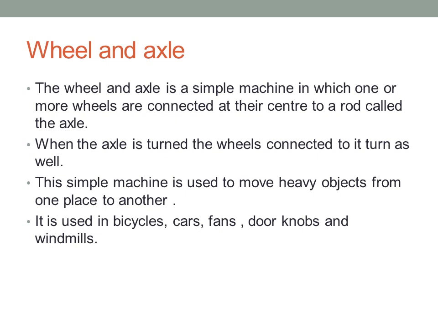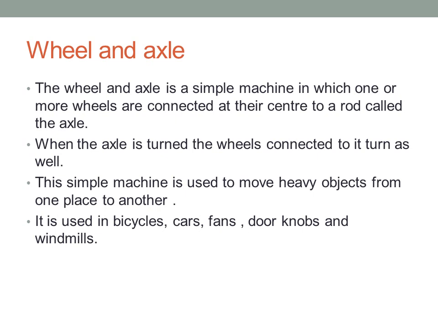In this, one or more wheels are connected at the center to a rod. So it is called an axle. When the axle is turned, the wheel connected to it is turned as well. So when the axle is turned, the wheels also will be turning.